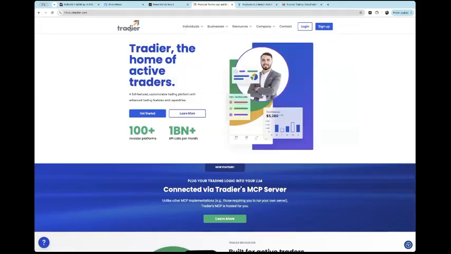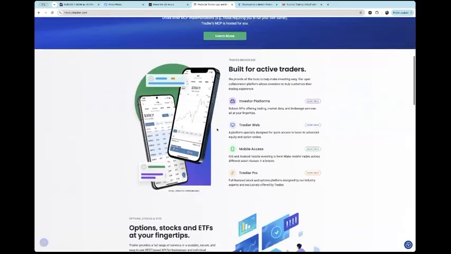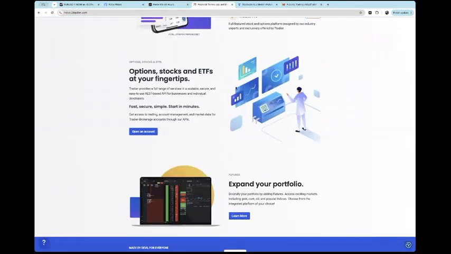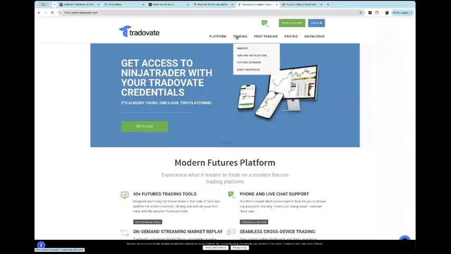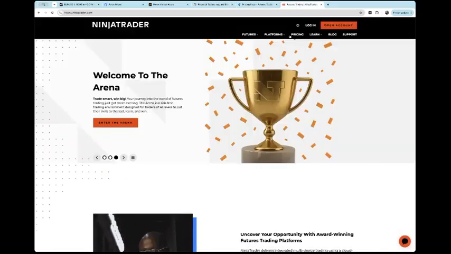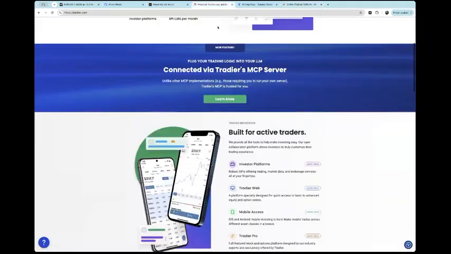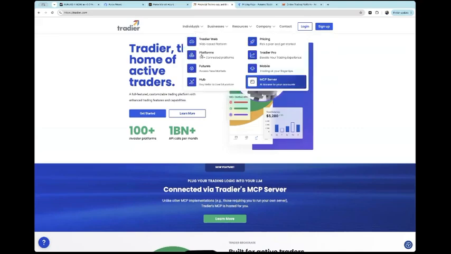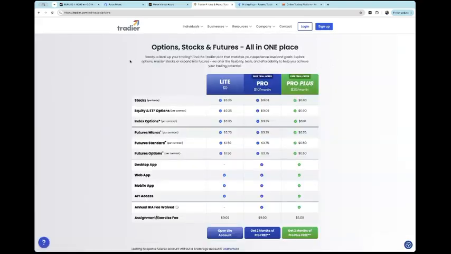So this is your trader brokerage. These are your platforms, and this is your pricing, the individual platforms' pricing. Okay, so just compare.